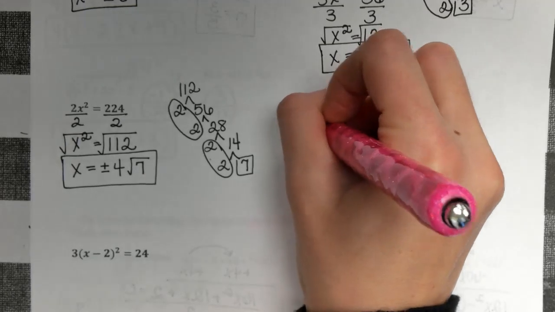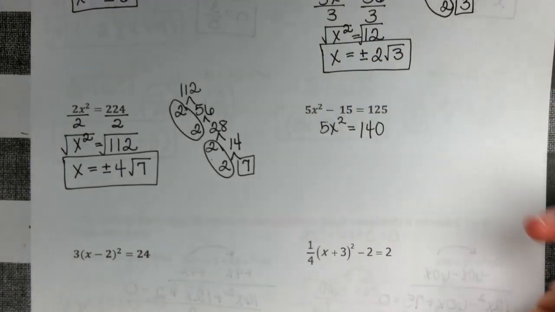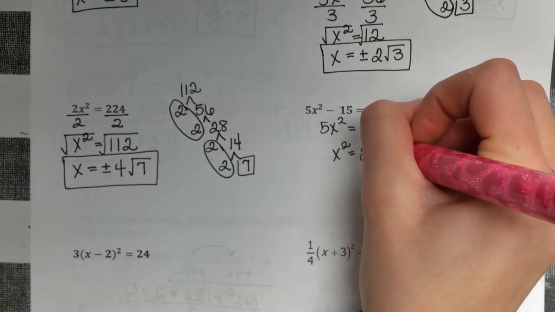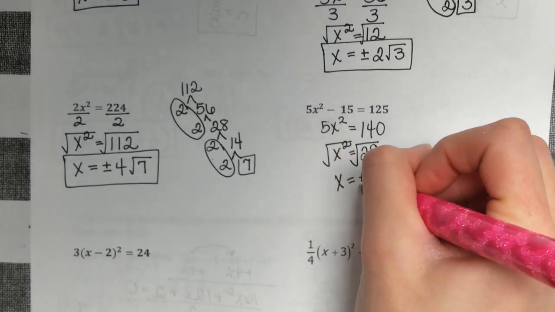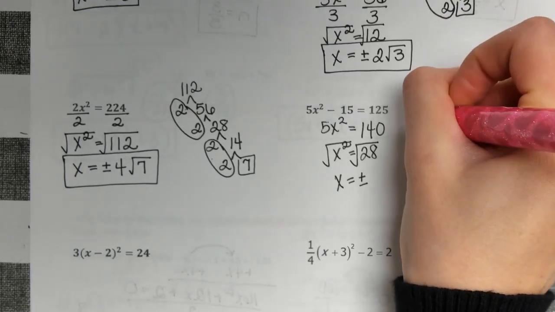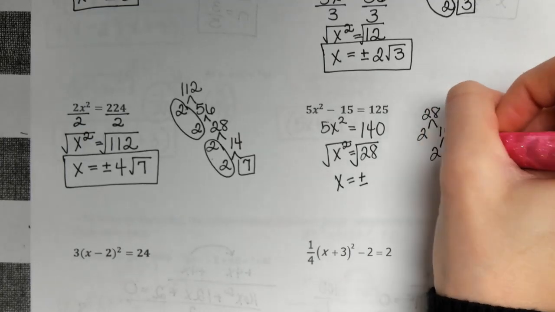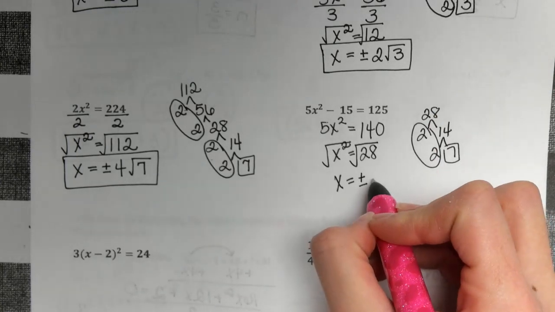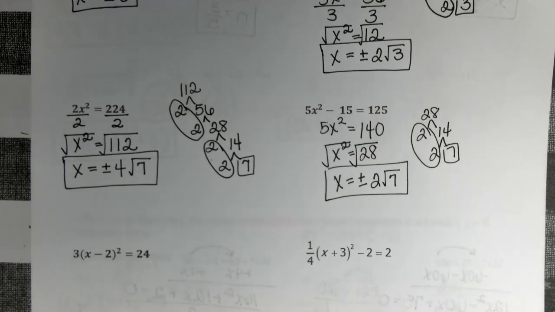Plus 15, so 5x squared equals 140. Divide by 5 and x squared equals 28. Should have taken the square root. x equals plus or minus the square root of 28, which needs to be simplified. 2 and 14, 2 and 7. So you should have x equals plus or minus 2 square root of 7. We good with that? Okay.